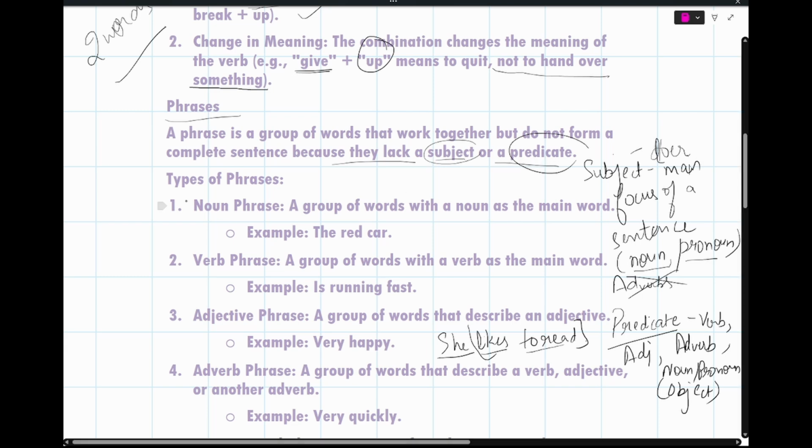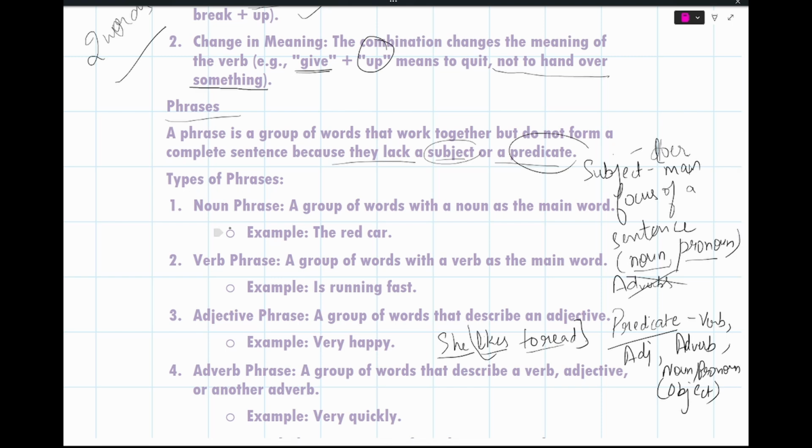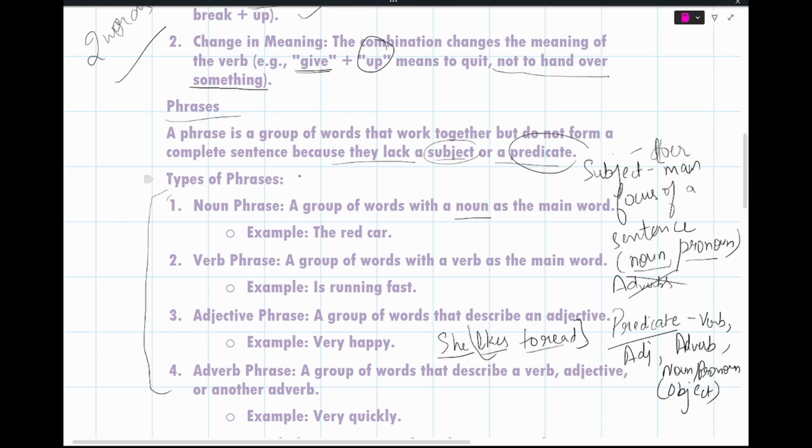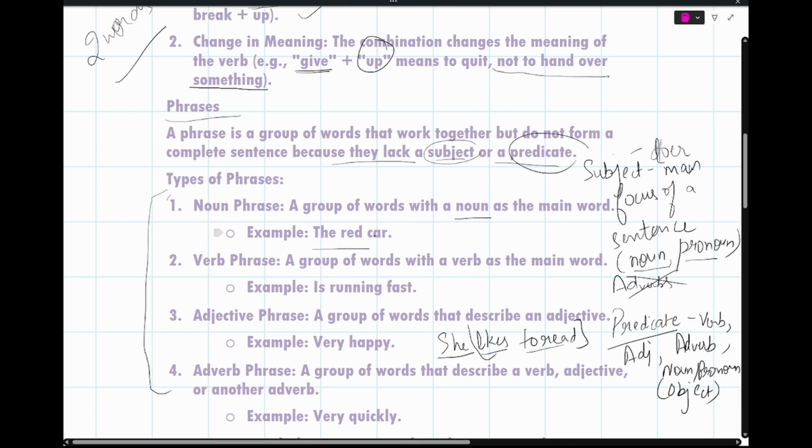Okay. Now, if we see the types of phrases, then there is the noun phrase. A group of words with a noun as the main word. These are the types in which phrases can exist. Noun phrase, when the noun is the main focus: the red car, so you're basically talking about the car.